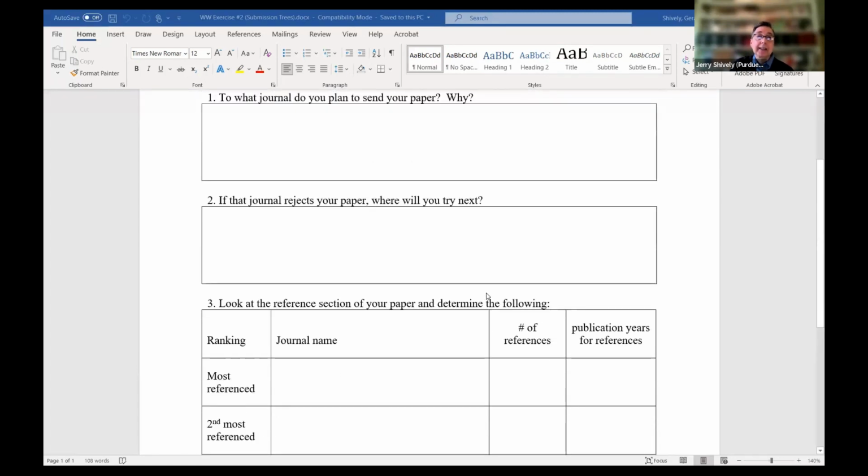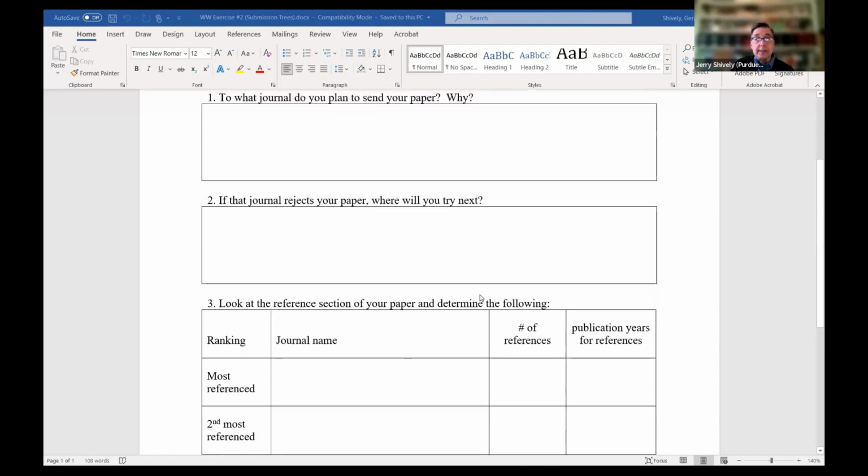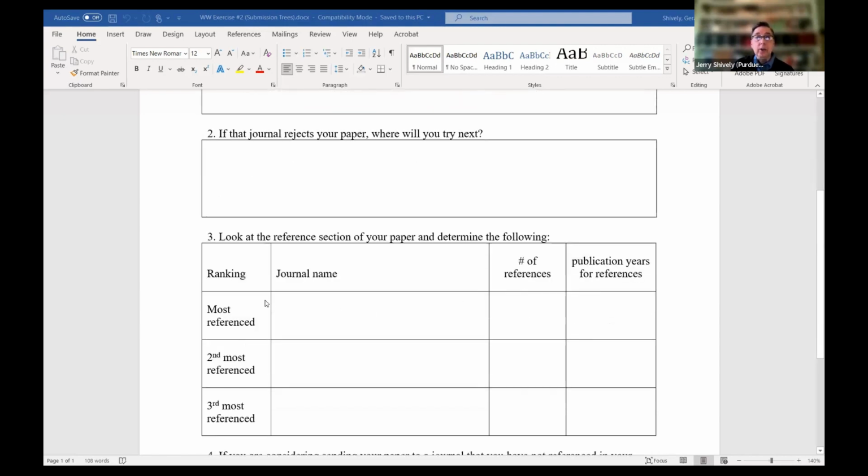And in fact, one of the most useful exercises that you might engage in is to look at the reference section of your paper and look at the journals that are cited in your paper. So if you're citing other authors, look at what journals those papers have been published in, and think about submitting your paper to journals on the basis of how frequently you're citing papers from those other journals.